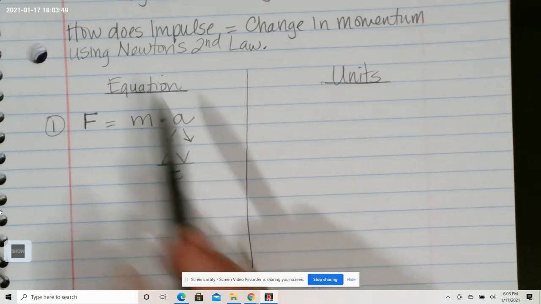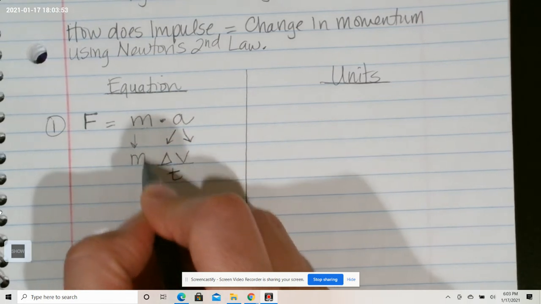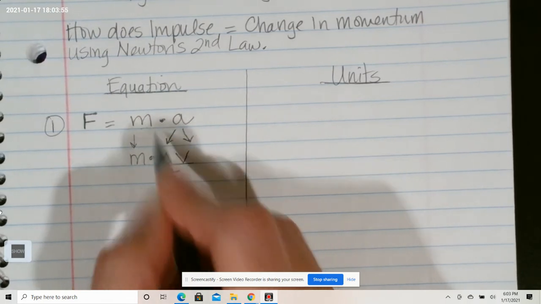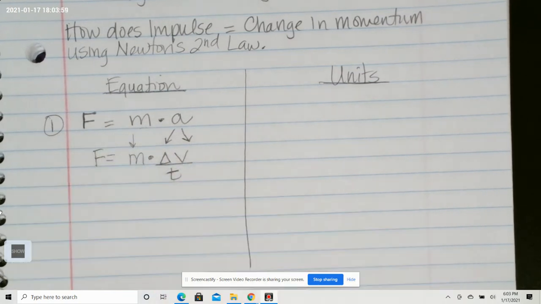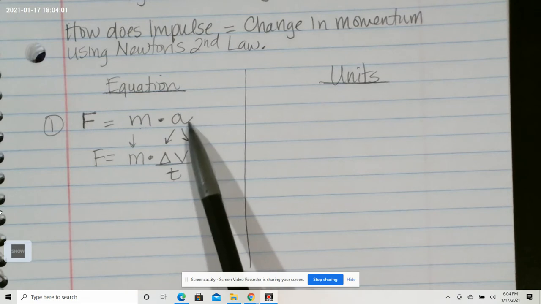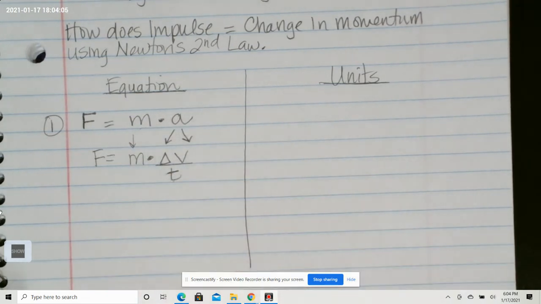Now, all I'm going to do is bring the mass straight down and the multiplication sign. Everything else is going straight down. And I'm going to say equals force. So all I did was take acceleration and break it down into its actual variables. So now we're starting to get a little closer here.